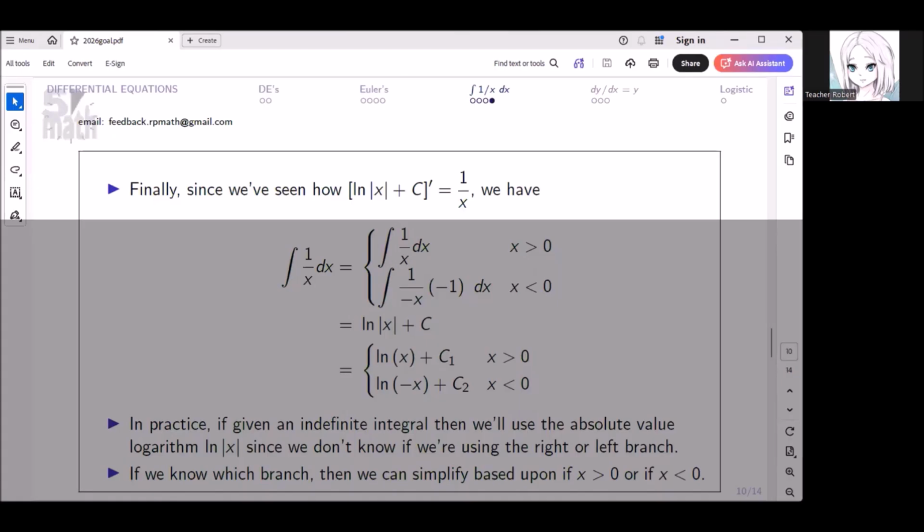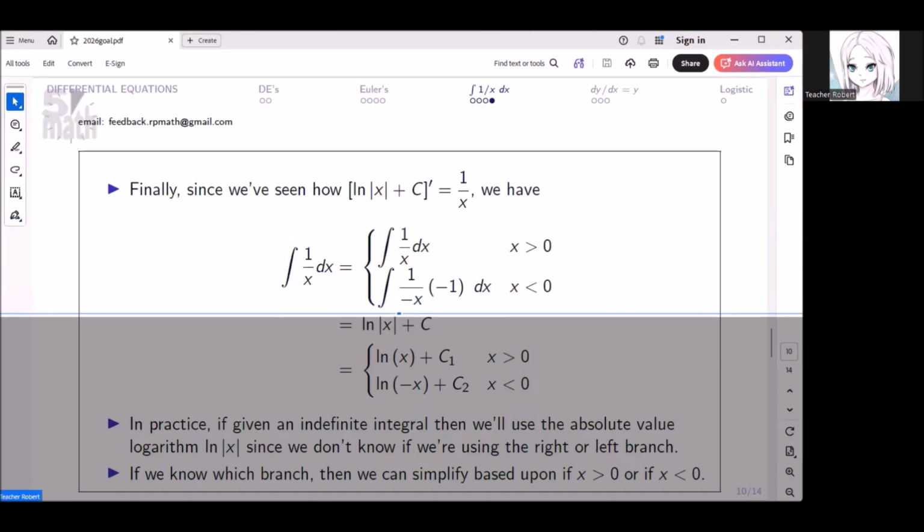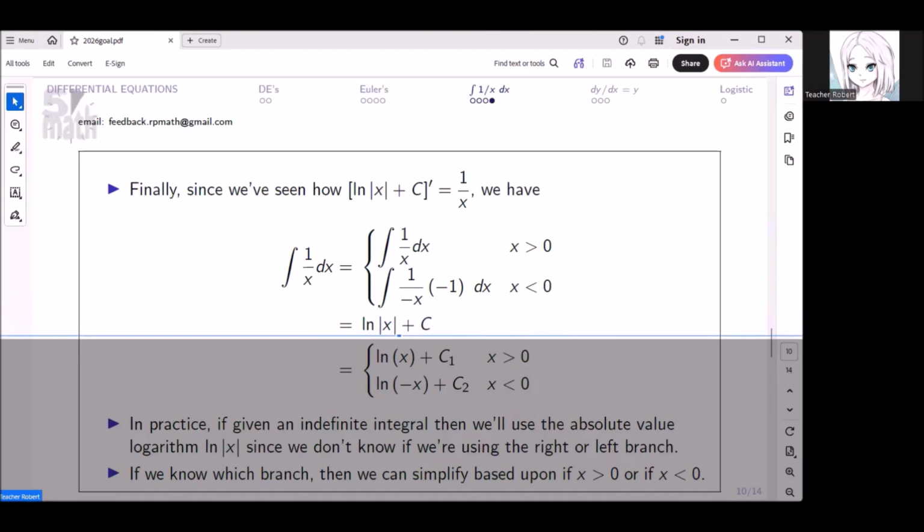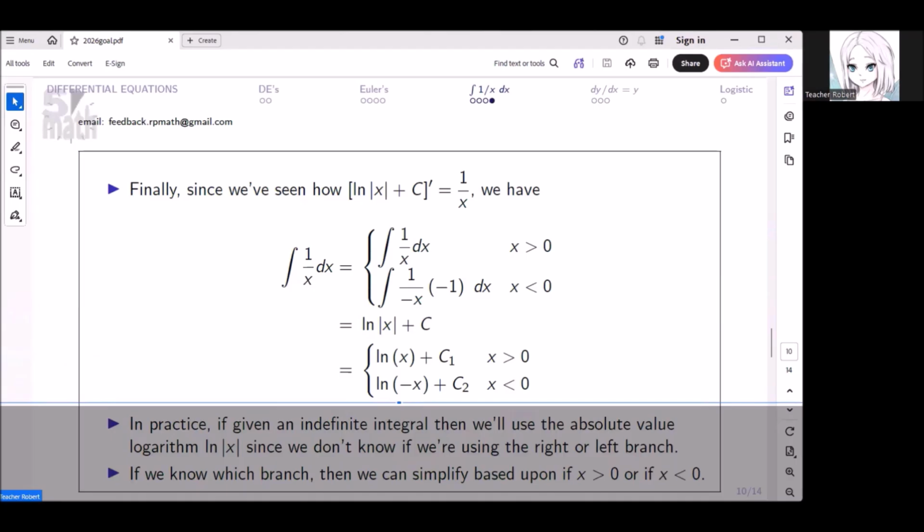Finally, since we've seen how the derivative of ln absolute value x plus c equals 1 over x, we have the integral of 1 over x dx equaling the integral of 1 over x dx for x greater than 0, the integral of 1 over negative x times negative 1 dx for x less than 0, which equals ln absolute value x plus c, which is ln x plus c1 for x greater than 0, ln negative x plus c2 for x less than 0.